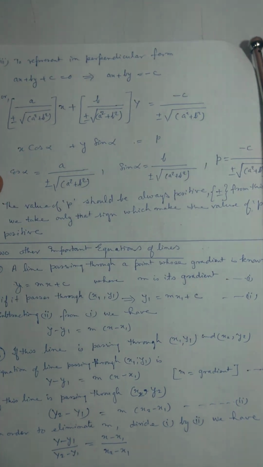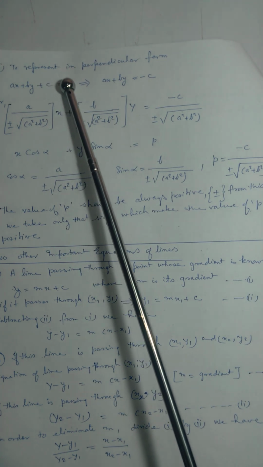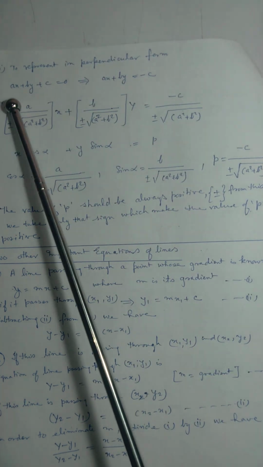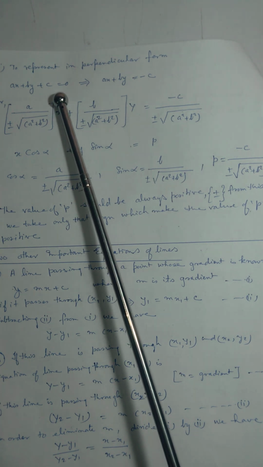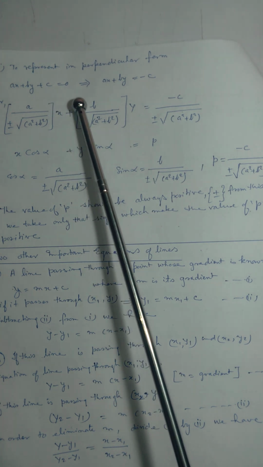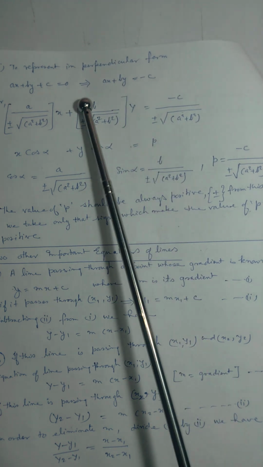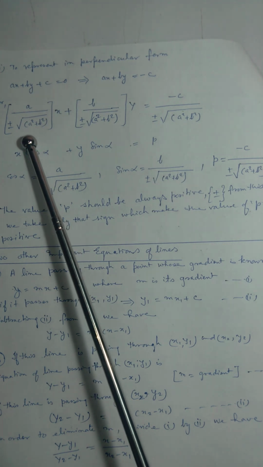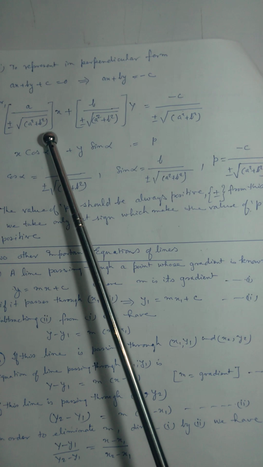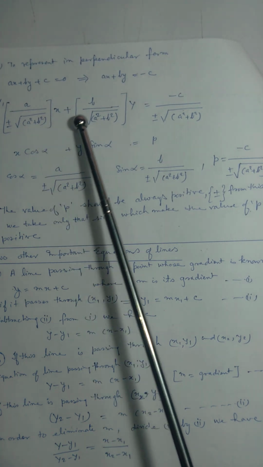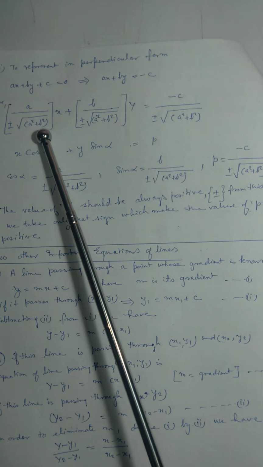Now the next, to represent in perpendicular form. So ax plus by plus c, this is the general equation of the first degree for a straight line, that is ax plus by is equal to minus c. So what I have done is I have taken the square root of the sum of the squares of the coefficients of x and y.